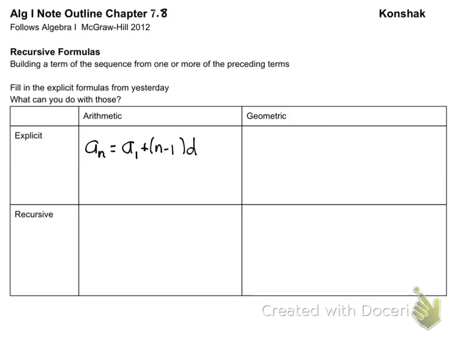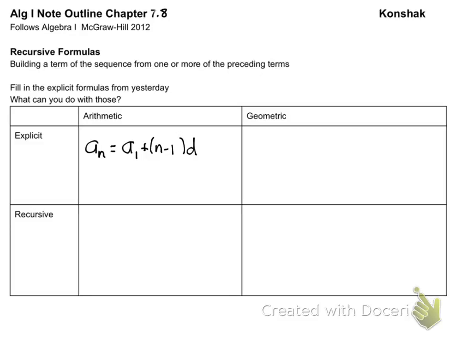So if you plug in A1 and D, and then simplify it, it looks a little bit more like slope-intercept form. You're able to then tell me any term of an arithmetic sequence that you want. First term, second term, third term, 1,000th term, 22nd term. Don't really care.